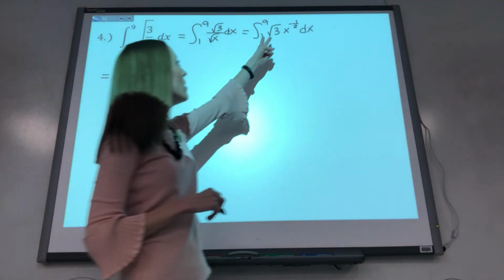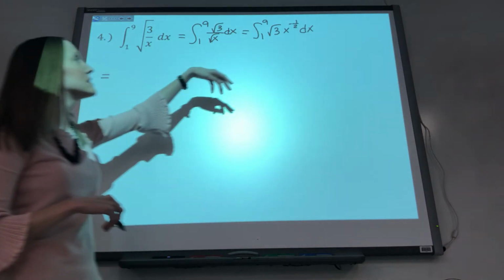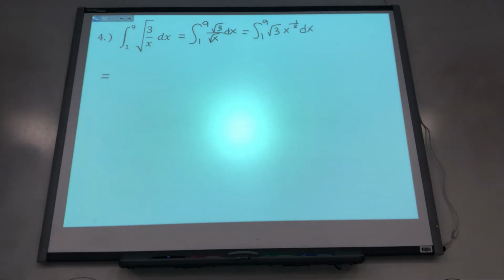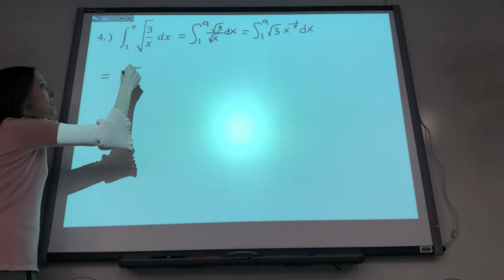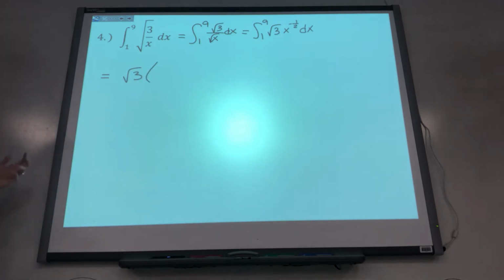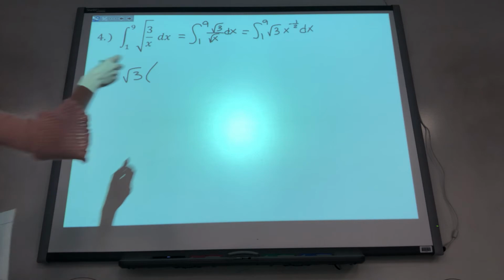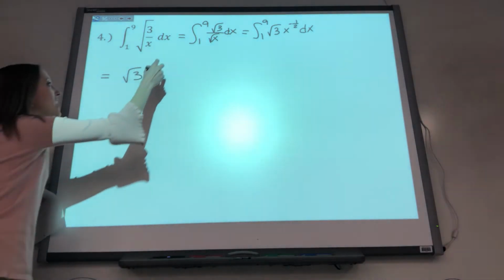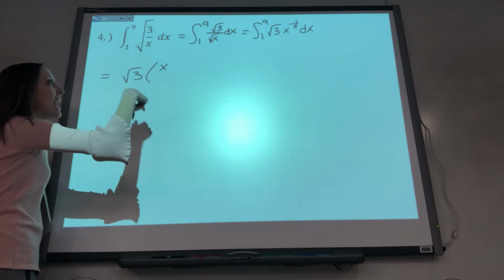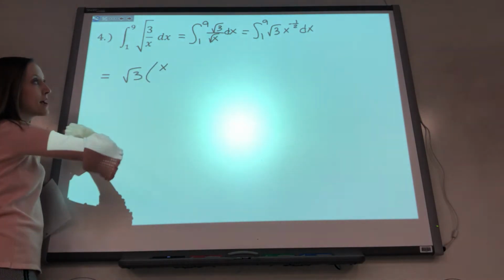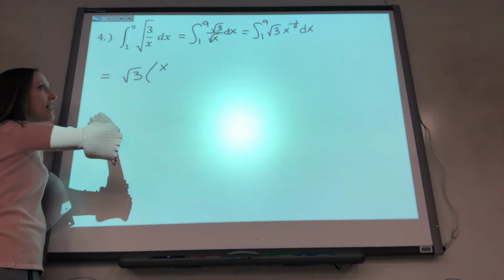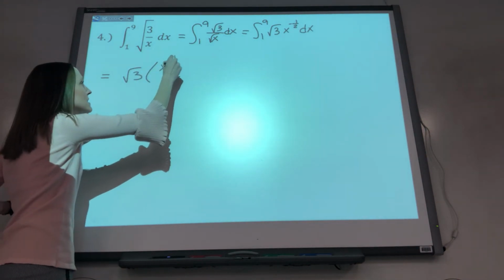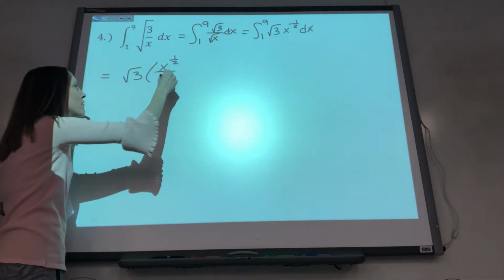Now, even though the 3 is under a square root, it's still just a number, so I'm just going to leave that number out front while I integrate x to the negative 1/2. So here we go. Add 1 to my power, negative 1/2 plus 2/2, that's a positive 1/2.